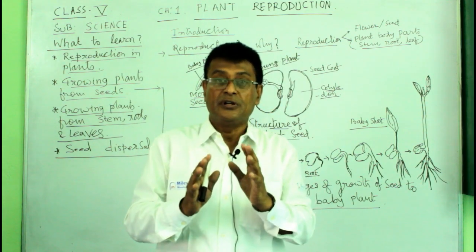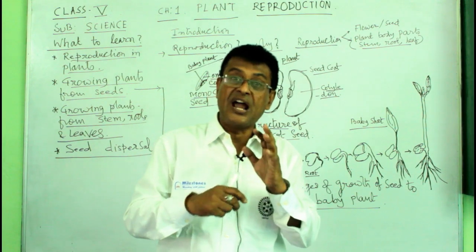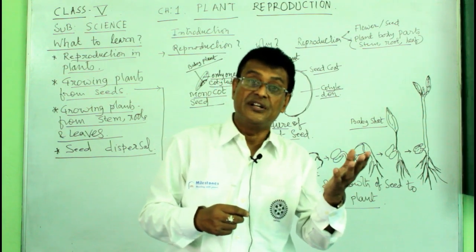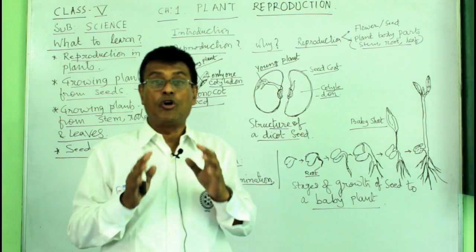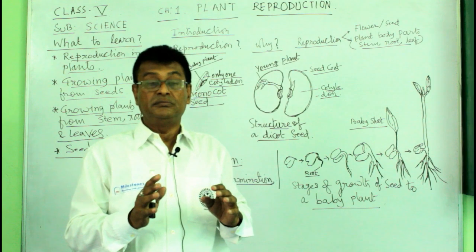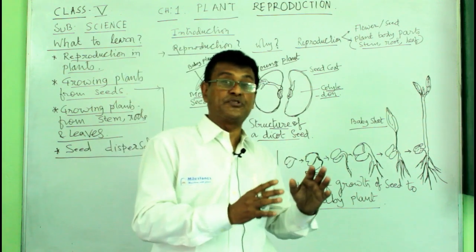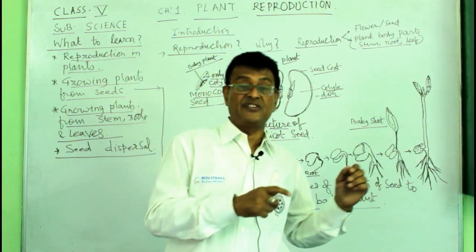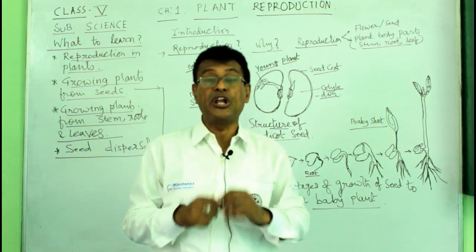So fruits are there, and inside that fruit there are seeds. This is called sexual reproduction, because here there is a process that comes to fertilize the seeds. That is known as pollination.